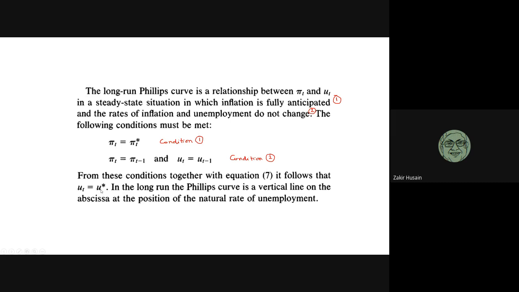So in the long run, the Phillips curve will become a vertical line, and it cuts the x-axis at the natural rate of unemployment. There will be no deviation from this unemployment rate. The value of pi can be different. We don't know what the value is, but u will always be equal to the natural rate.